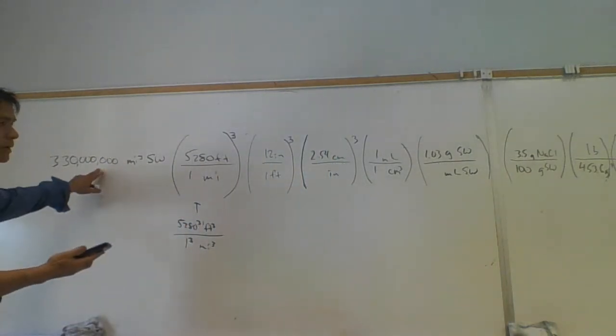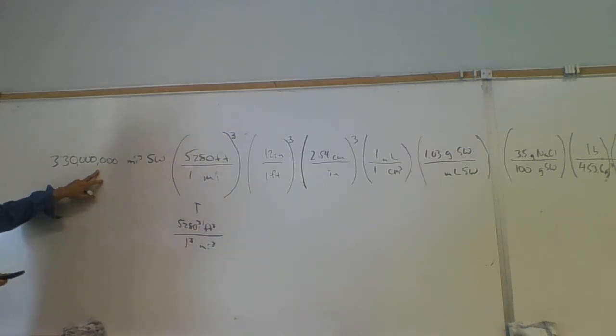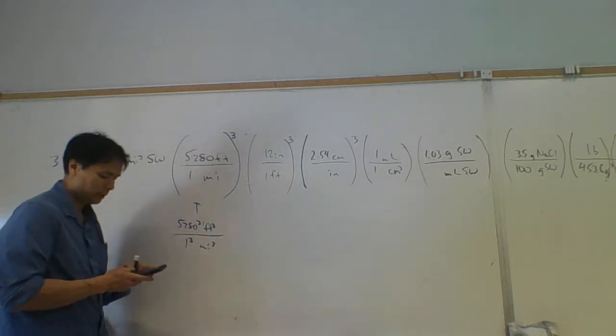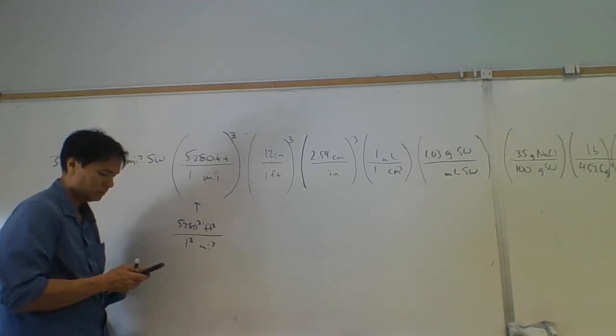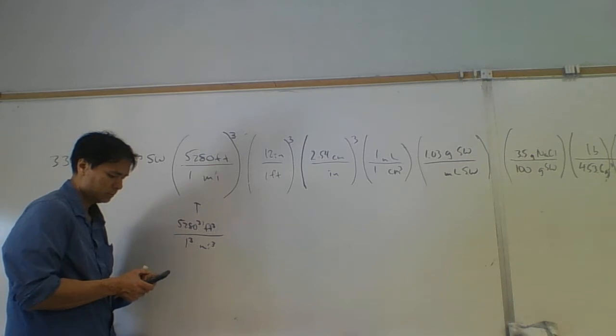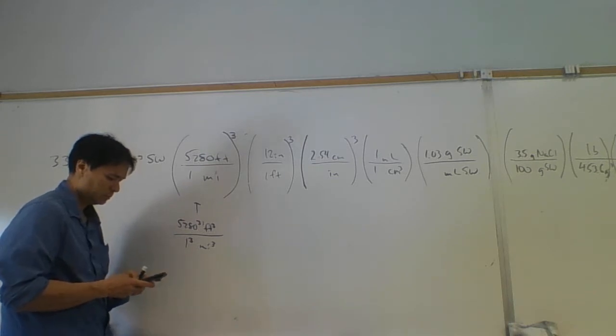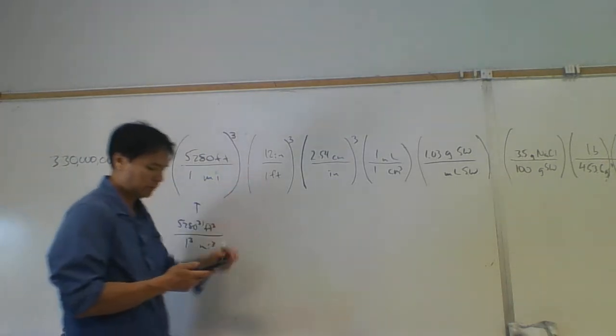So this is how I punch it in the calculator. So maybe you could follow along and see if we're getting the correct answer. I would do 330 million times 5280 cubed times 12 cubed.